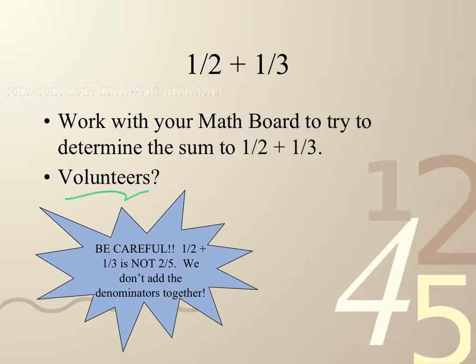Instead of taking volunteers, stop and talk to the people that you're working with and see if you can come up with any reasonable way to add 1/2 and 1/3. But please be careful. 1/2 plus 1/3 is not 2/5. We do not add denominators together when we're adding fractions. When you have had a chance to talk with the people around you, come back to the presentation and resume it when you're ready.